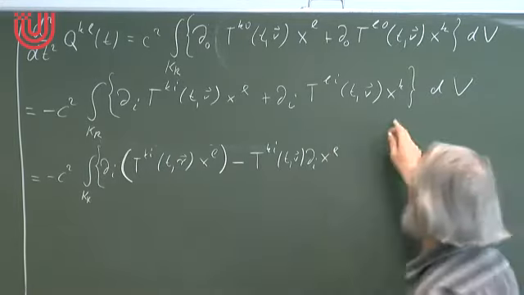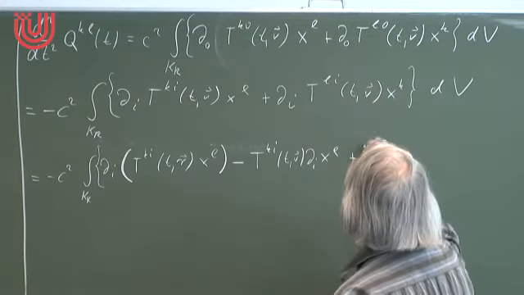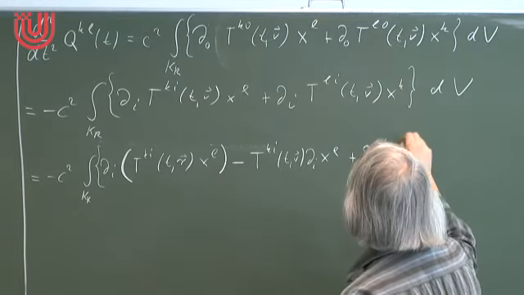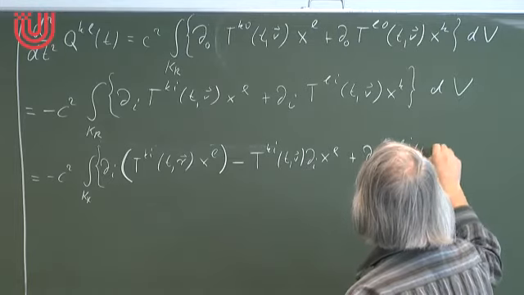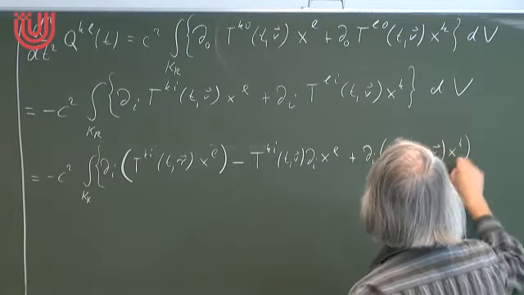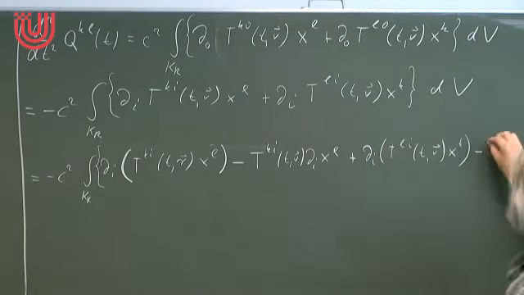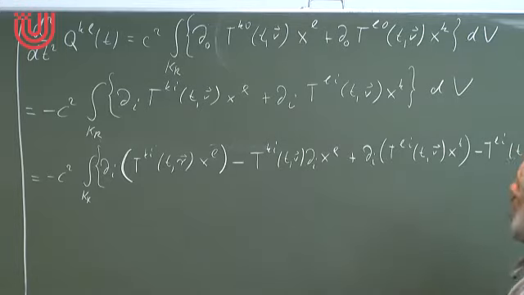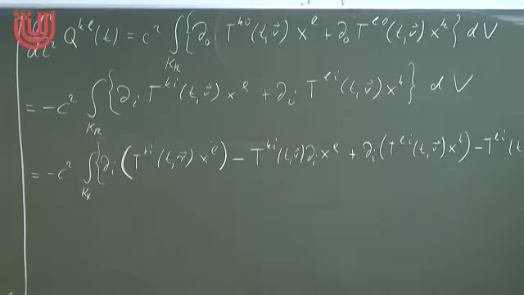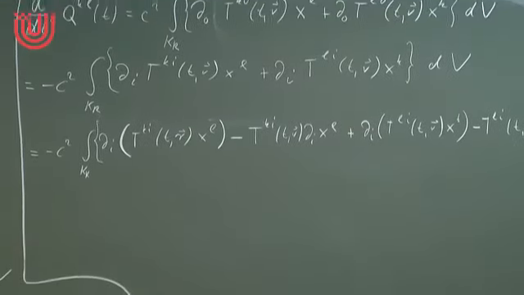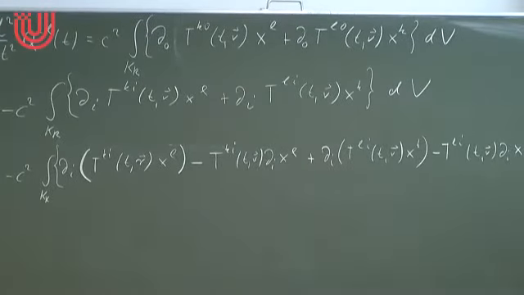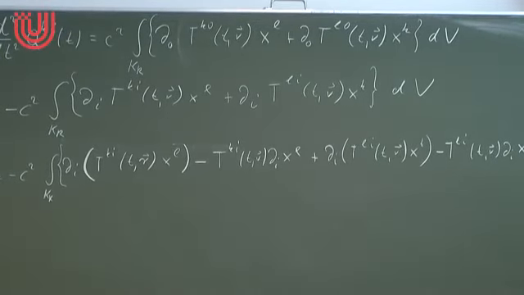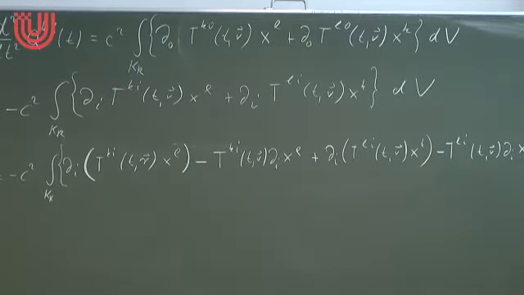And from this term, I get plus ∂_i of T^{li}(t, r) x_k minus T^{li} ∂_i x_k, bracket, dV. This should be T^{l0}.